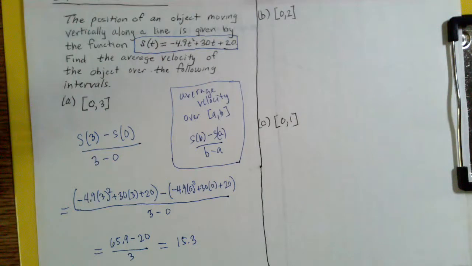Let me say something before moving on to the next part here. In this particular problem, there were no units given, which is a little bit unusual because we are talking about position and time. So often, had we been given units, we would see an answer here that might be in feet per second.